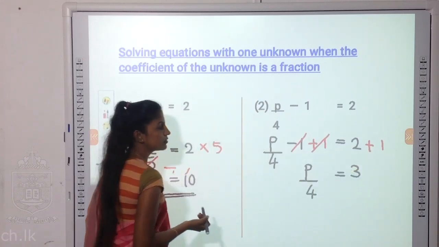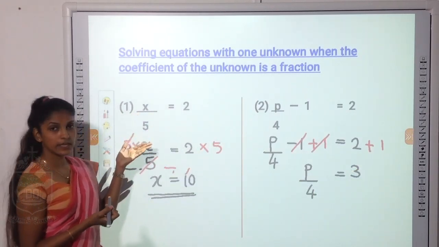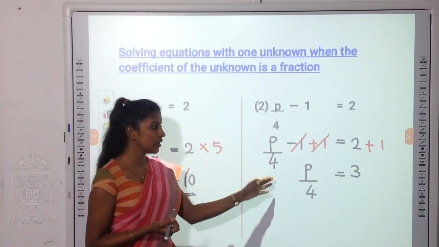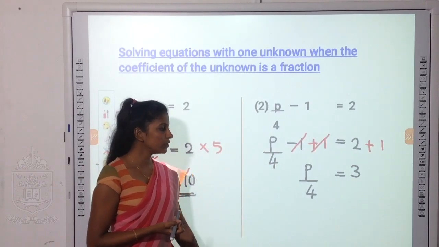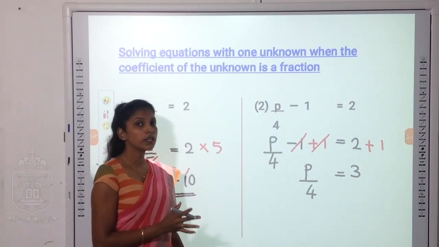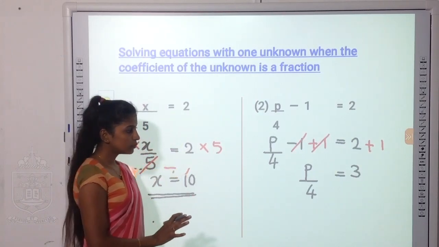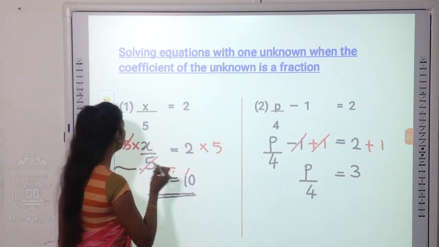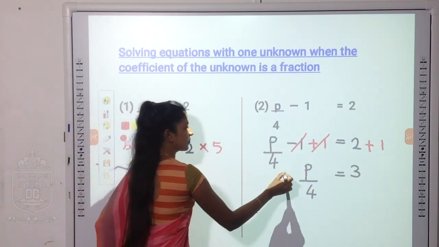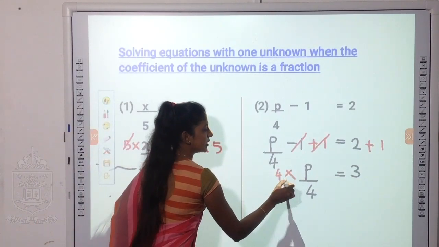And our next step is, now you can see it's like the first example after simplifying the first part. Now you have only one term, that is P over 4. So now you have to remove 4. In order to remove 4, since it is division, the fraction, you have to cancel 4 by multiplying.